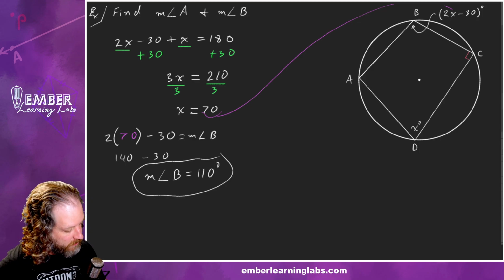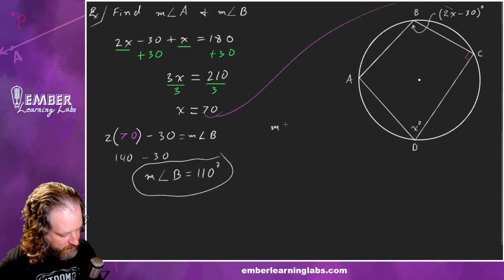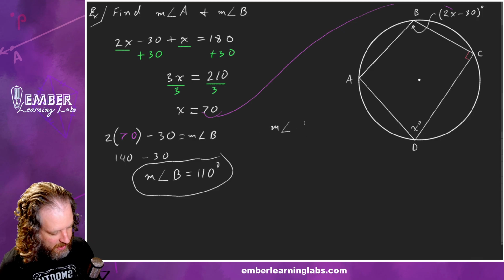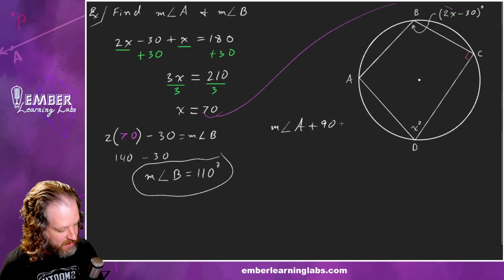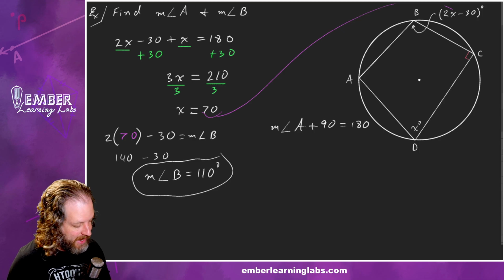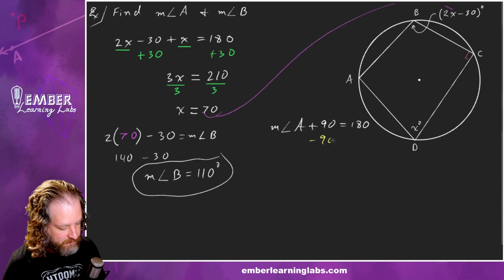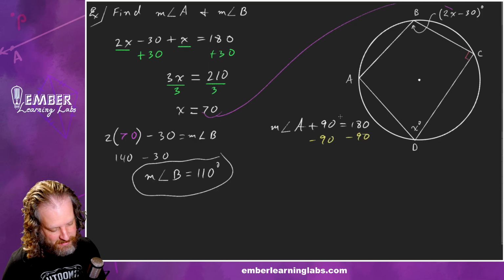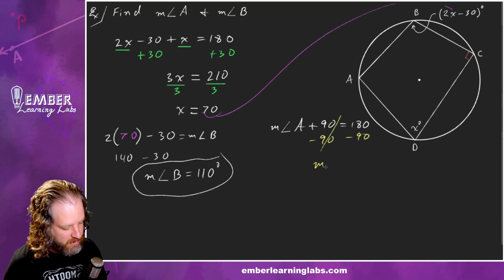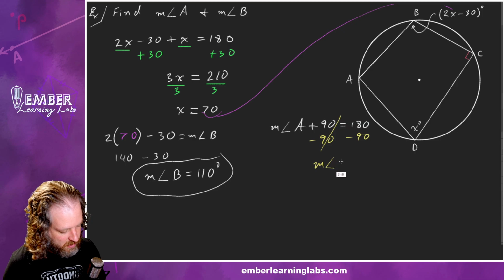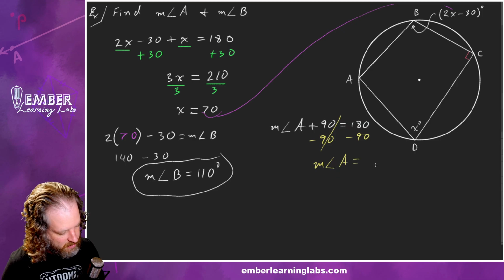For the measure of angle A, we've got the measure of angle A plus 90 equals 180, which would mean we just subtract 90 from both sides, and we get the measure of angle A equals 90.